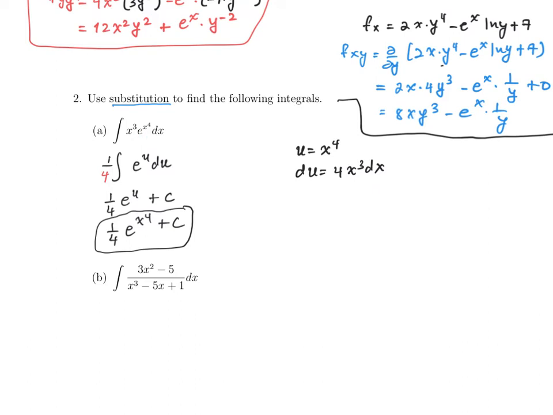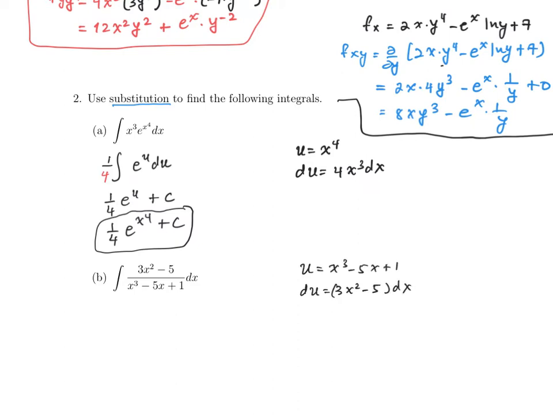Now for part B, if you look closely at this, notice that the derivative of this is this. So therefore, this should be your choice for u. So we're going to select u to be x cubed minus 5x plus 1. Since the derivative is 3x squared minus 5, all of this times dx.